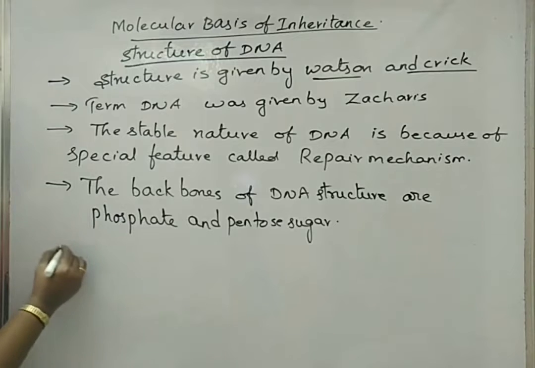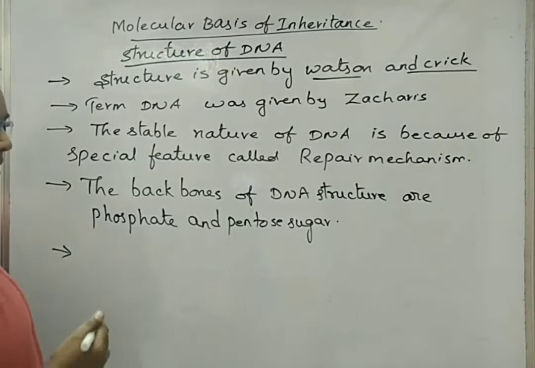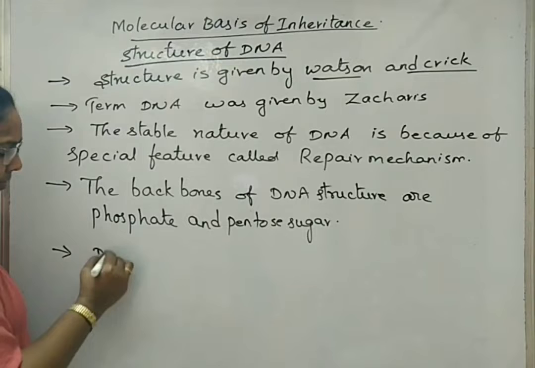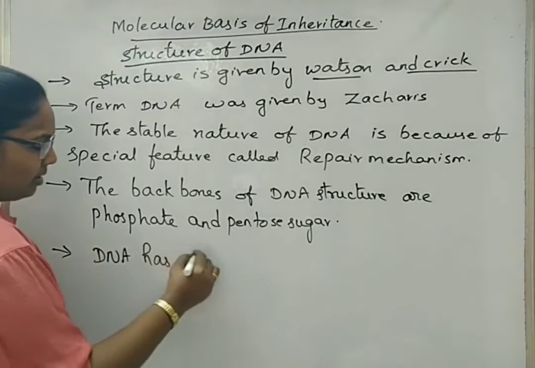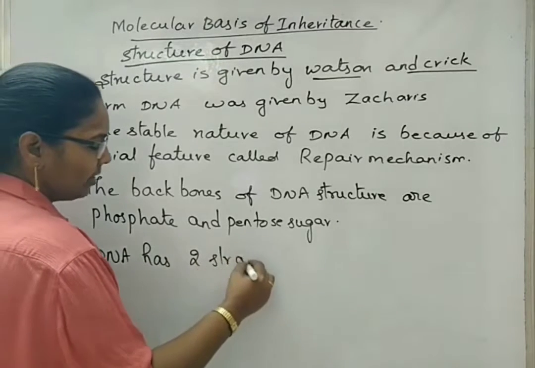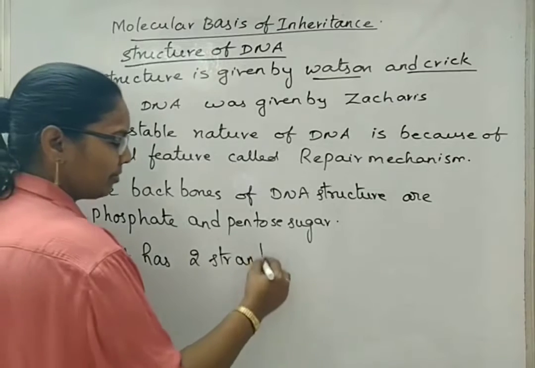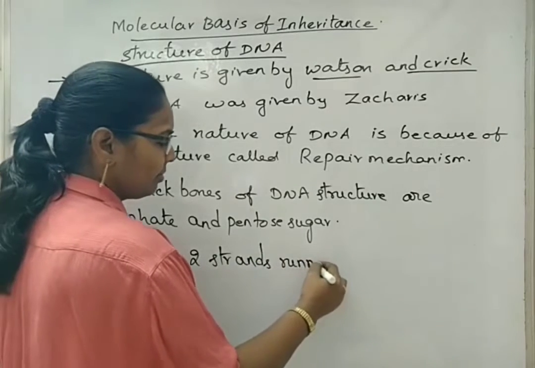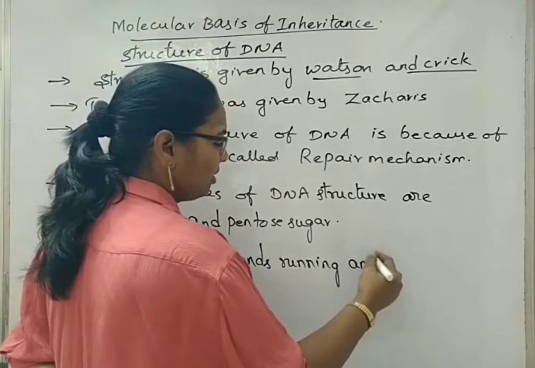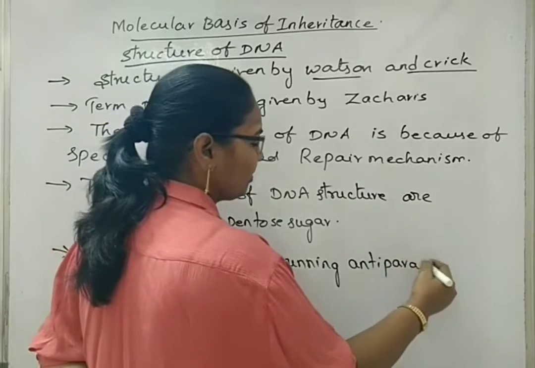Next, the structure of DNA has two strands running anti-parallel to each other.